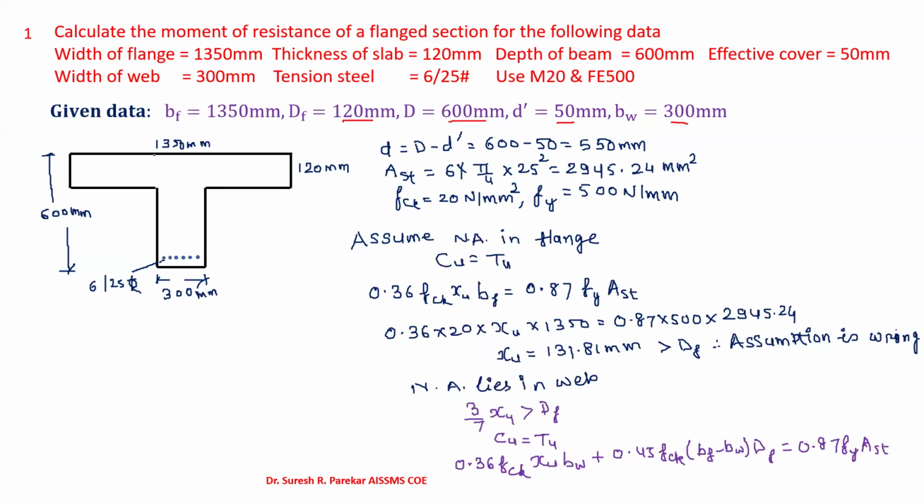That we have already explained in the class. One part is a rectangular beam having width bw, and the remaining part is the total bf minus bw, which will be the flange part.